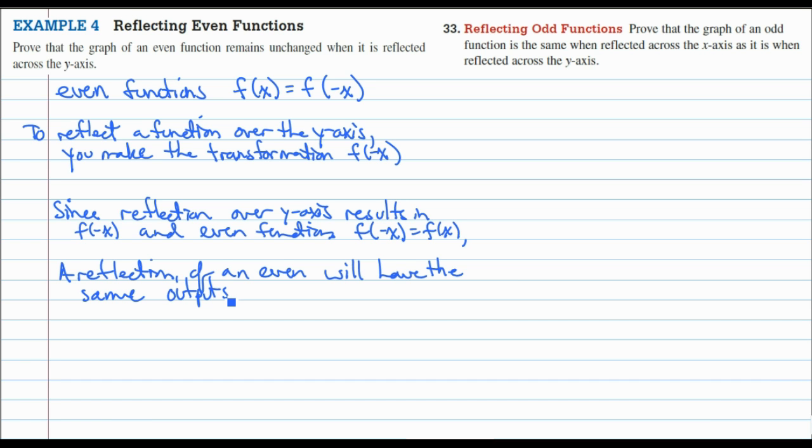Now, I admit, your book does a way better job of explaining it than I do, in a much fancier, more mathematical way, but they have the luxury of being able to form those words and edit them before they publish them. In this course, I will expect you to accurately represent the logic of a proof.